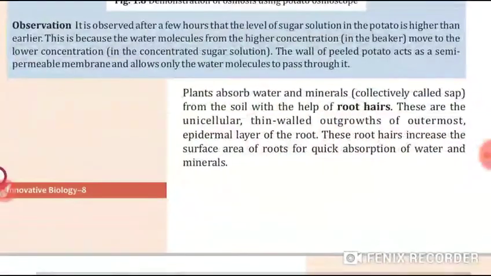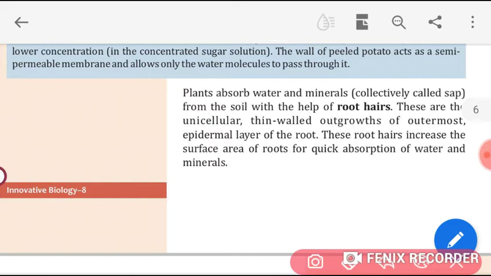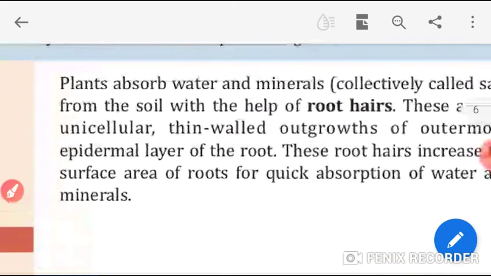Plants absorb water and minerals, collectively called sap, from the soil with the help of root hairs. Up till here, students, your answer is of which question? Wait, students, don't write this.